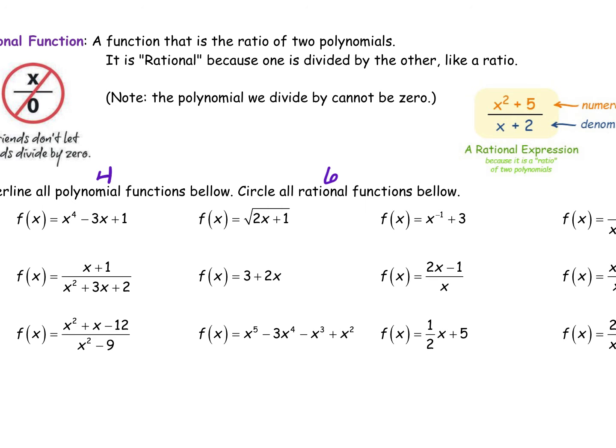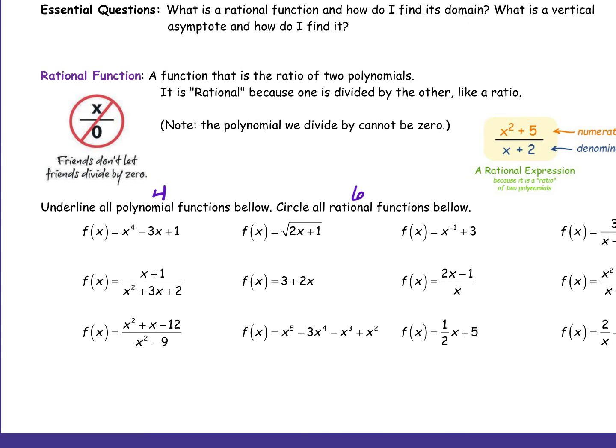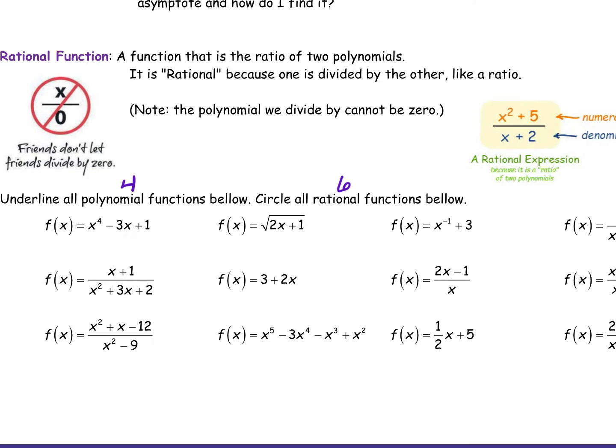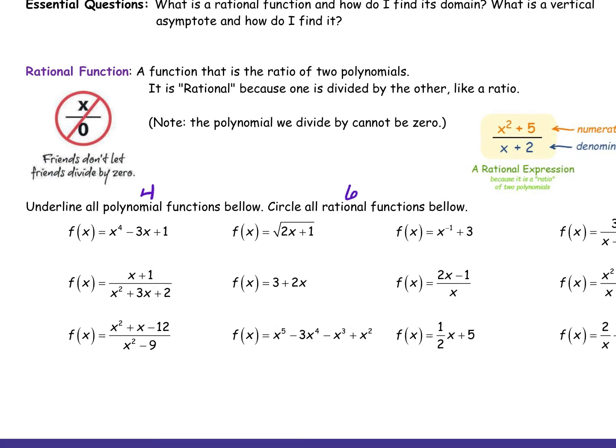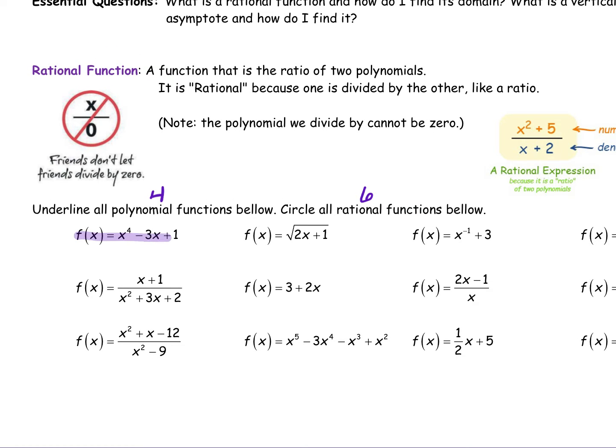Okay, so what about the first one? X to the 4th minus 3x plus 1. Polynomial, that is correct. Second one, the square root of 2x plus 1. Neither, good.